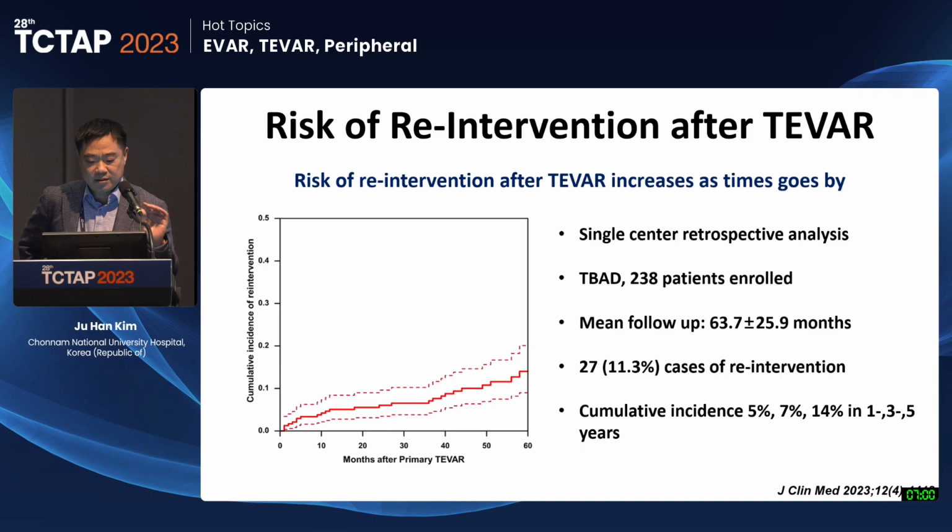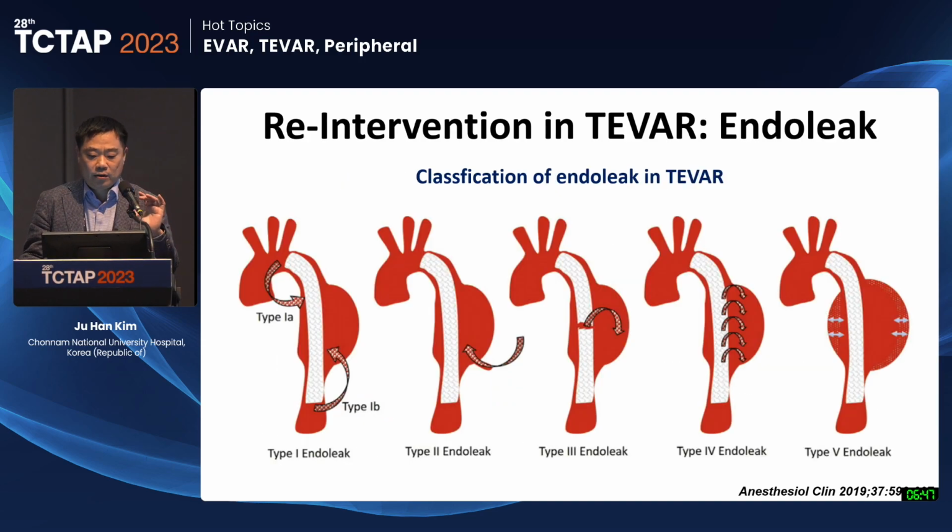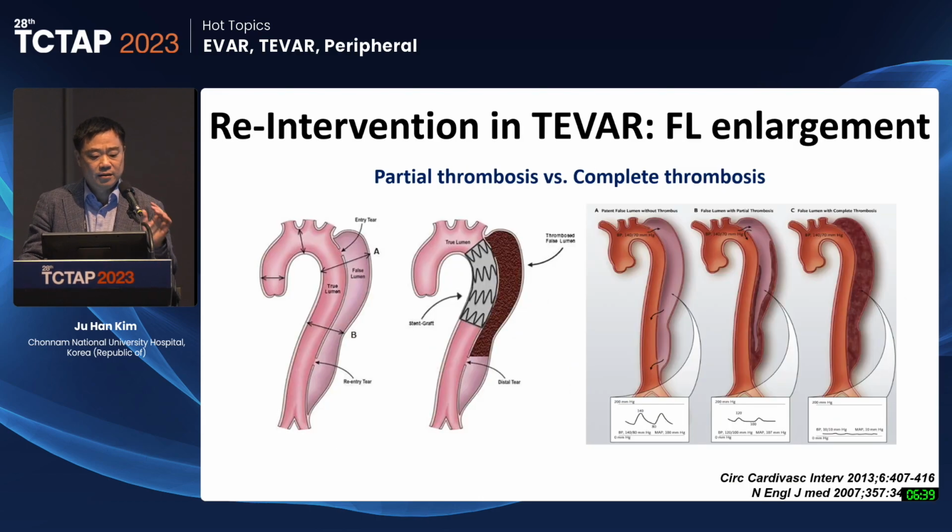Some studies report 11% re-intervention, and the cumulative incidence is 5, 7, and 14% at 1, 3, and 5 years. And usually the re-intervention in TEVAR is for endoleak. Endoleak treatment is usually the re-intervention. The second indication for re-intervention after TEVAR is false lumen enlargement.